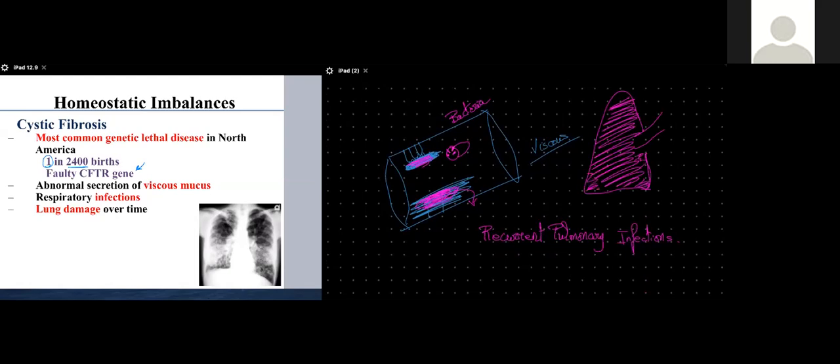It responds to the infections by inducing inflammation. And inflammation gets resolved by what? By formation of scar tissue. So over years, what's going to happen to the lungs? The lung parenchyma gets replaced by scar tissue, resulting in lung fibrosis. And this is going to be the most common cause of death in those patients.